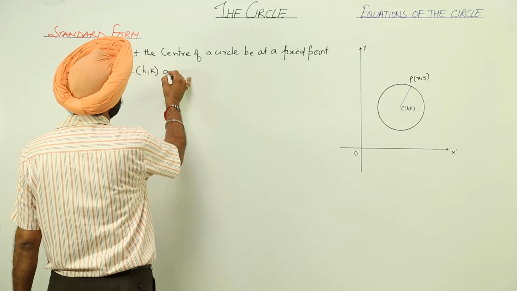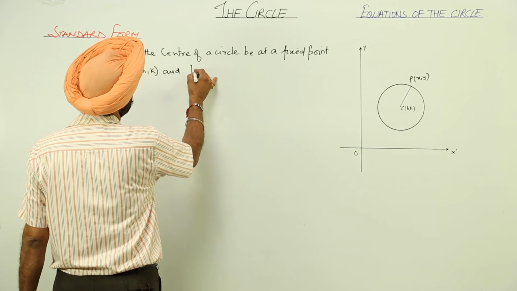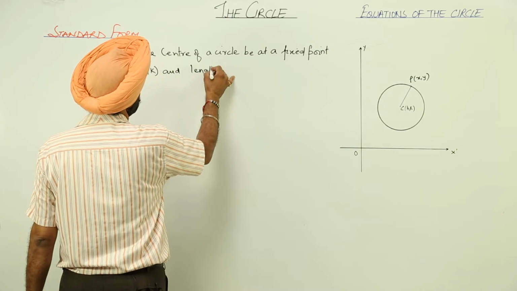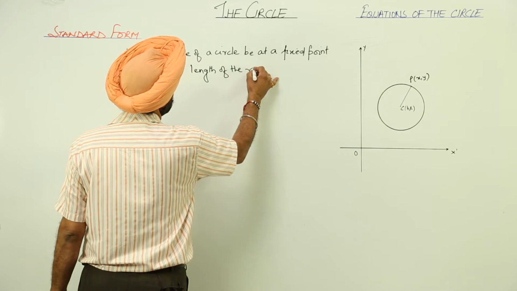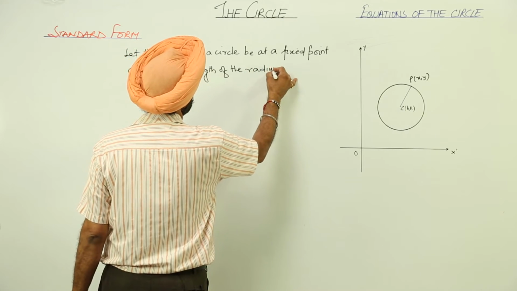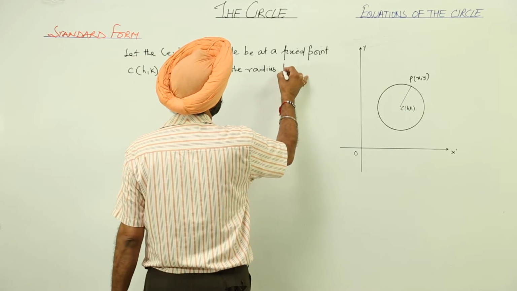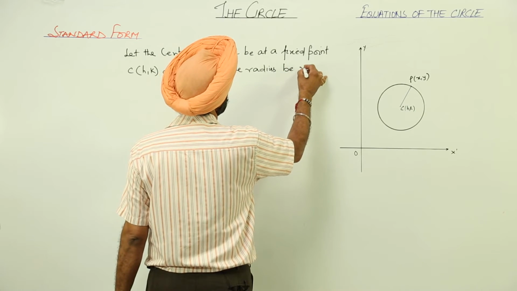Fixed point C and the length of the radius be r.